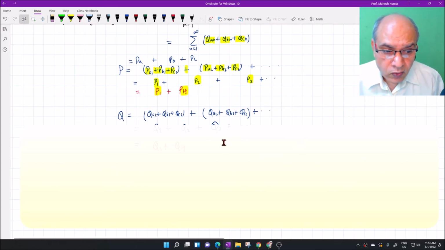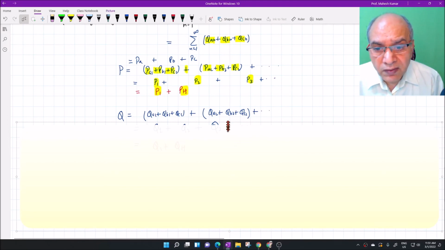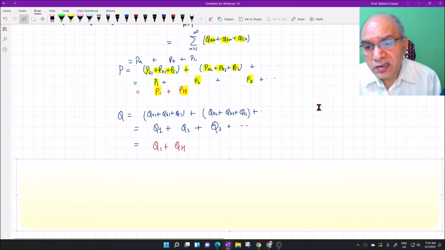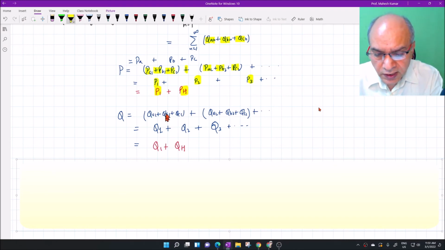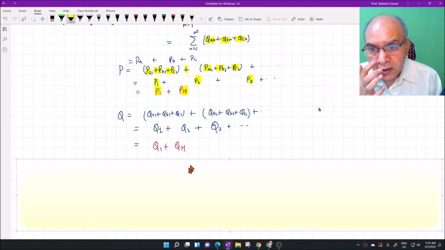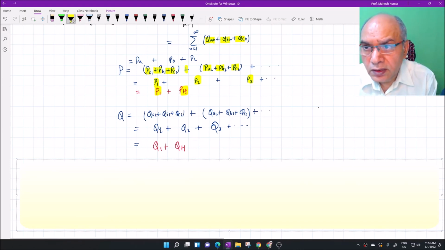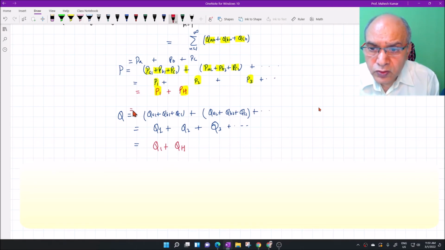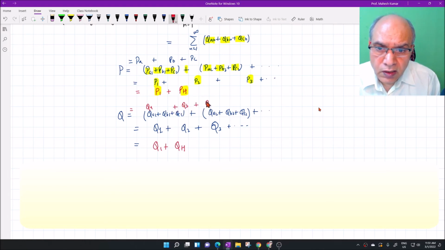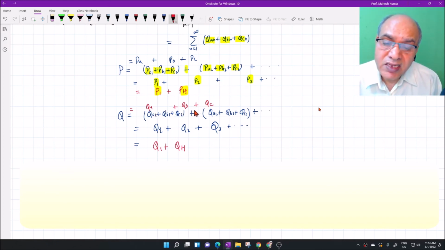In a similar way, we can also write for the reactive power Q. So Q is nothing but QA plus QB plus QC, where QA has terms QA1, QA2 and so on. Similarly, QB has QB1, QB2 and so on, and likewise QC has those terms.